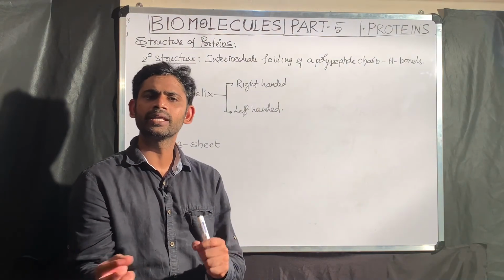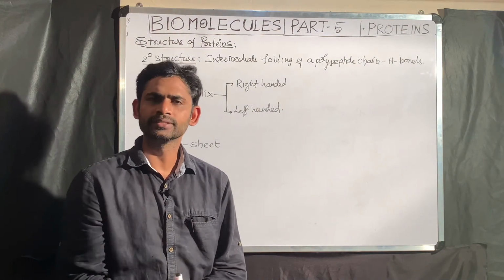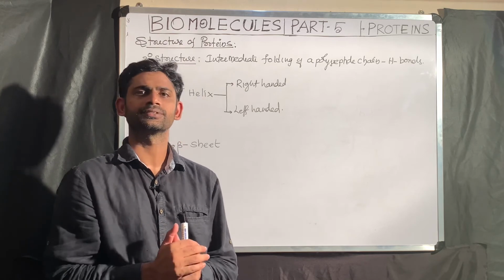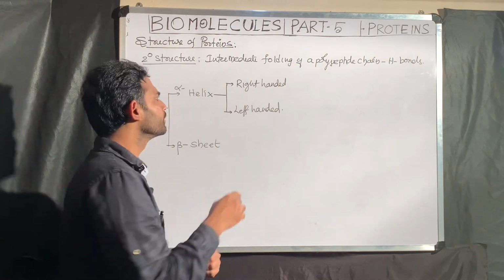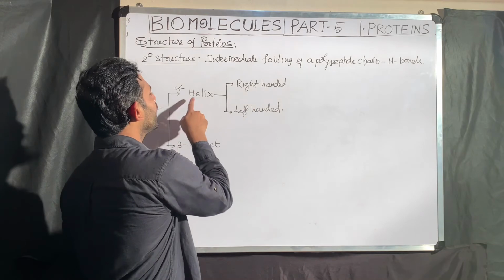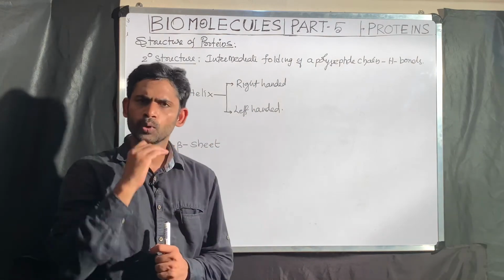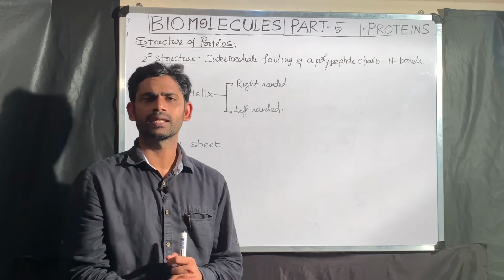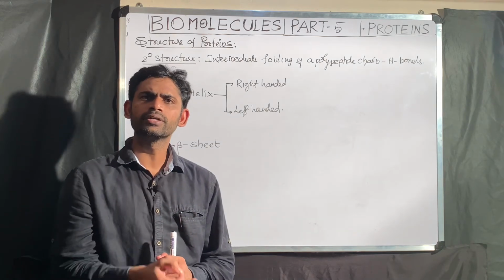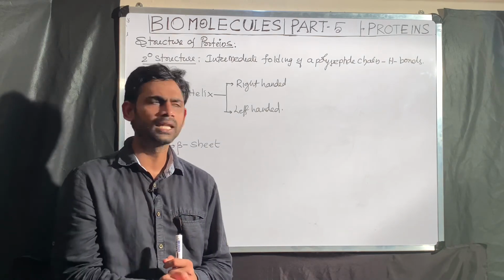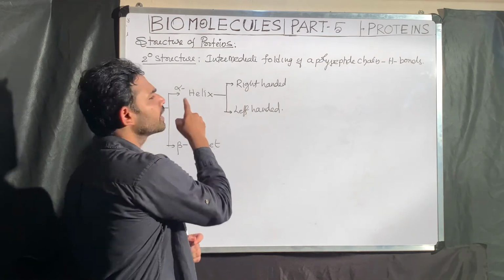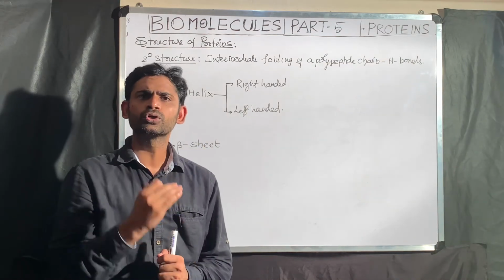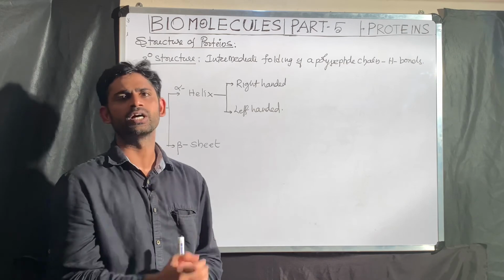That means in vitro conditions, in laboratory conditions. Now the other alternative: right-handed alpha helix is the most common secondary structure within the cell. Under normal physiological conditions of the cell, right-handed alpha helix is the most common secondary structure.